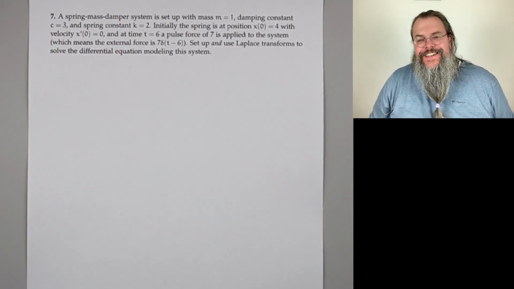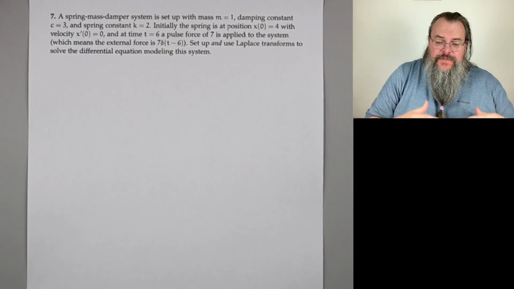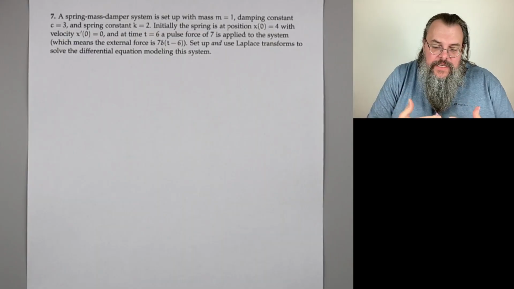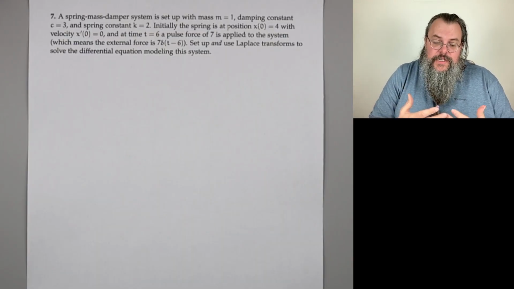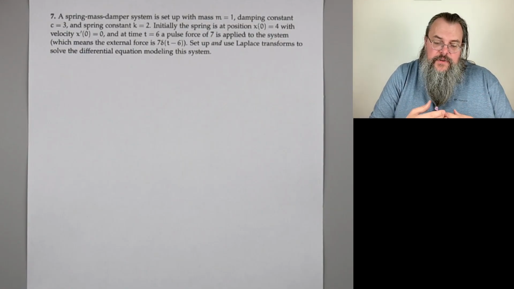Number 7. A spring mass damper system is set up with a mass m equals 1, damping constant 3, spring constant 2. Initially, the spring is at position x of 0 equals 4, and the velocity is 0, x prime 0 equals 0.